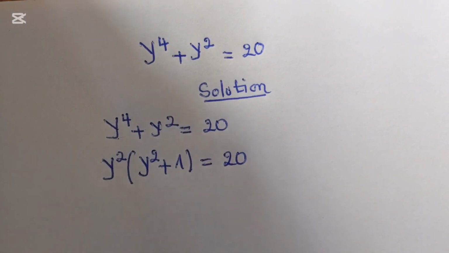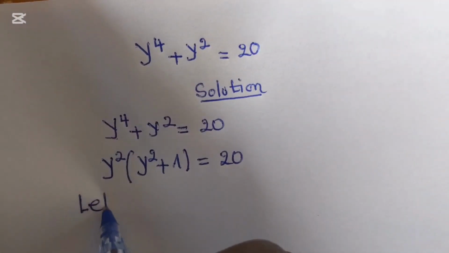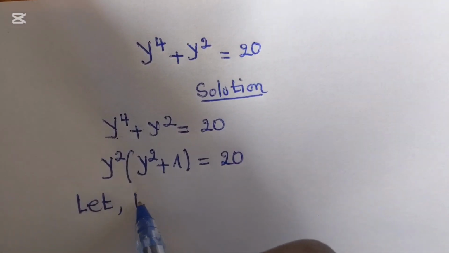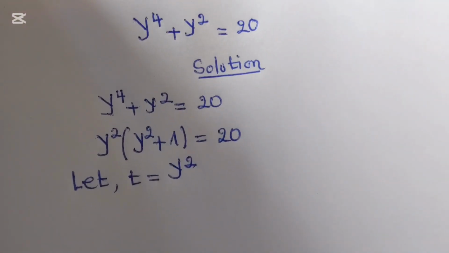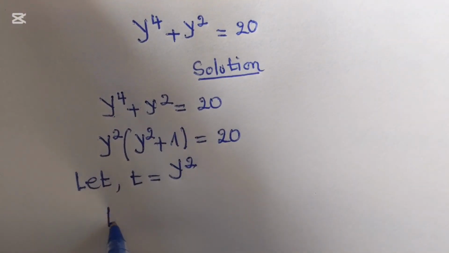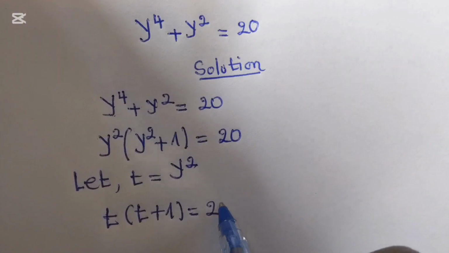Since we have these variables that look alike, we can relate t to be equal to y squared. Okay, then here we have t times t plus 1 to be equal to 20.